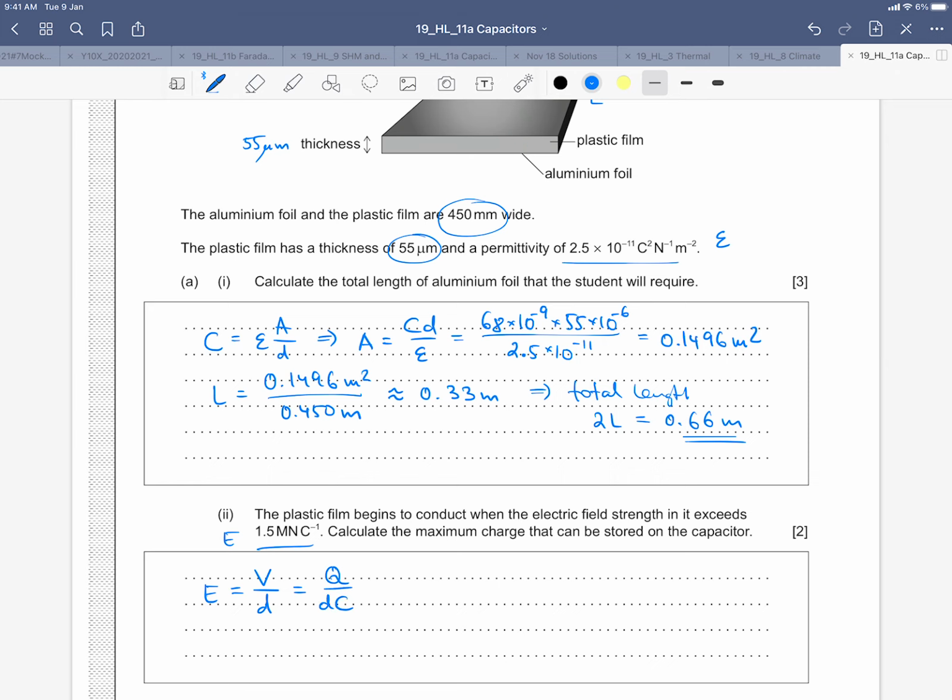And to find the maximum charge, we just have to plug into this equation and find Q. That will be when E is maximum, we get the maximum charge, and D and C are givens. So what do we get? We get 1.5.